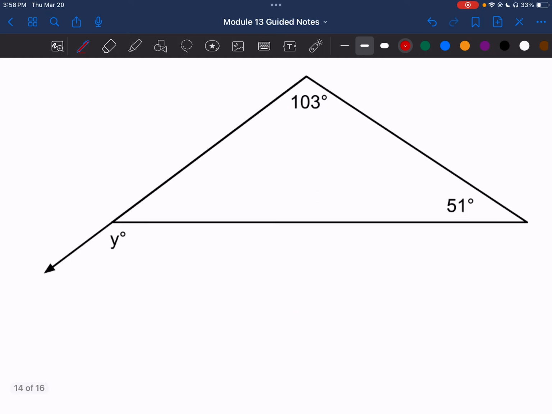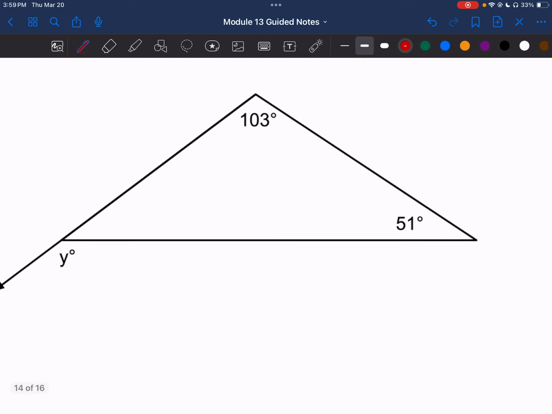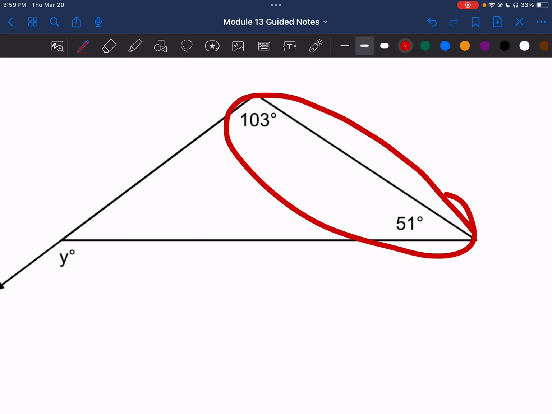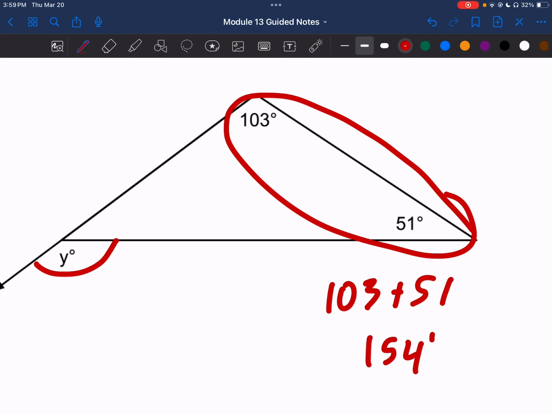All right, let's look at this second one here. We've got remote interior angles here because they're not touching angle Y. So we're going to do 103 plus 51, and we get 154 degrees equals Y. So 154 degrees is our Y value.